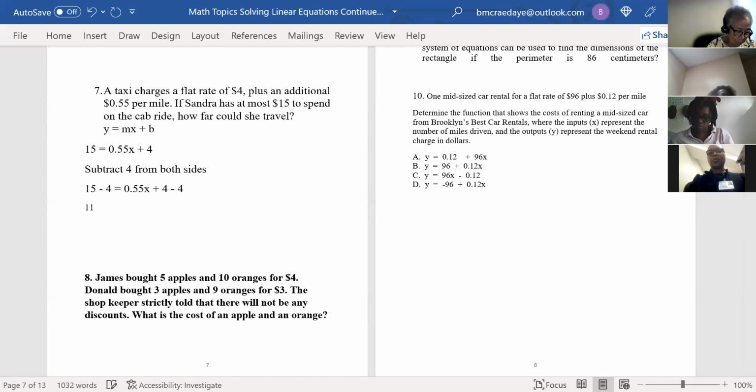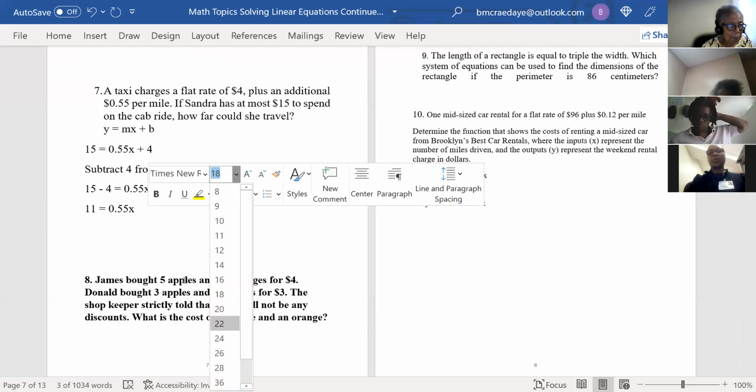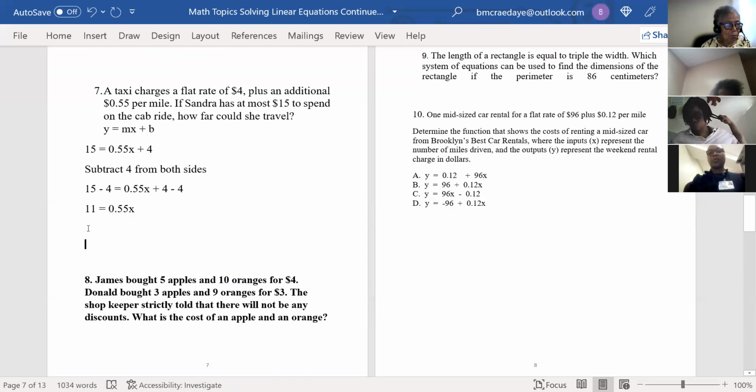And what do you get on the right side? 0, and what else? 0.55x. Right. So now how would you solve that for x? What would you do, Maureen?